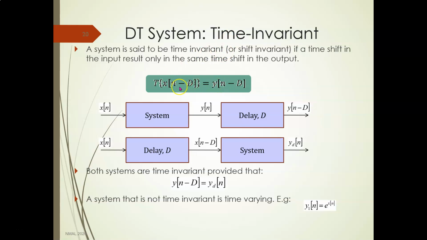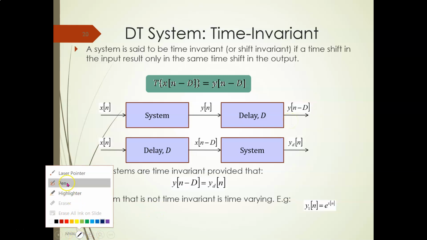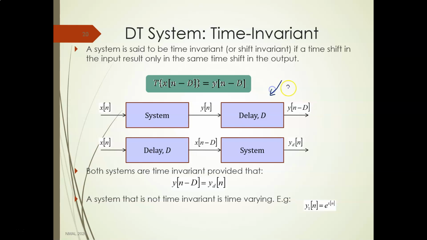So we look at the first system here. We have the input, which goes into the system and produces the output, and only then we have delay d. For this first type of system, the delay is at the output. And for the second one, we have the input, and the input is delayed by d, which becomes x n minus d, and only after the delay it goes to the system, and it becomes yd n.